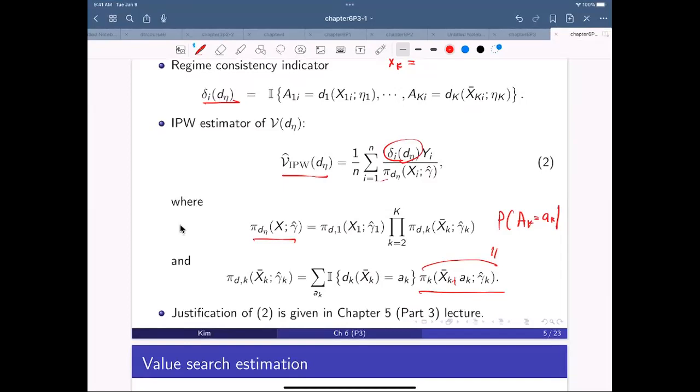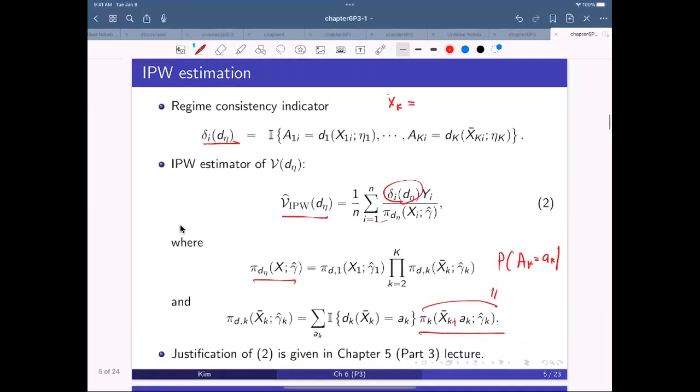This is IPW. There should be another A bar minus 1, right?